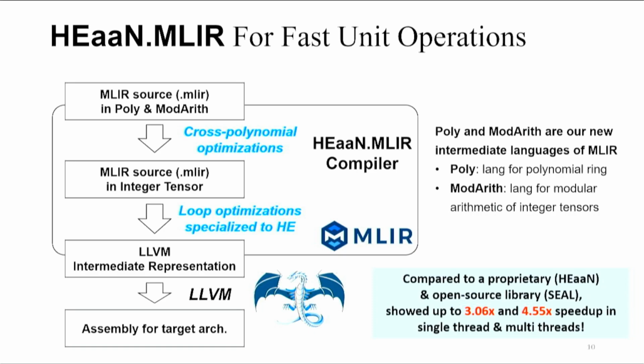Poly is an intermediate language for polynomial ring operations, and mod aris is a slightly lower level language with modular arithmetic on integer tensors. Then HEaaN.MLIR first does optimizations on this program by doing cross-polynomial operations, and then lowers it into the integer tensor program, which can be readily dealt with by the MLIR framework.